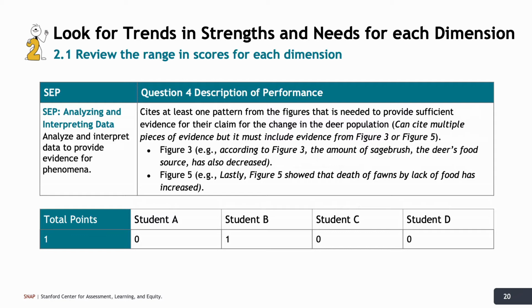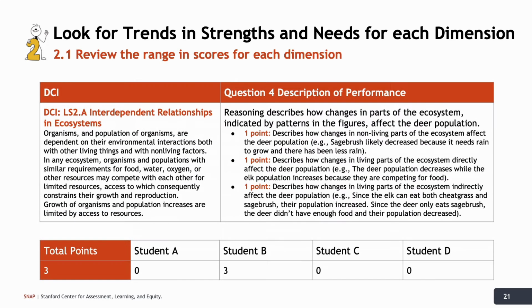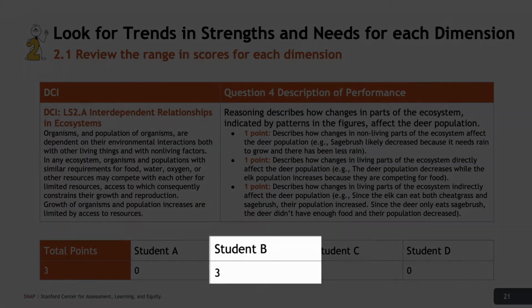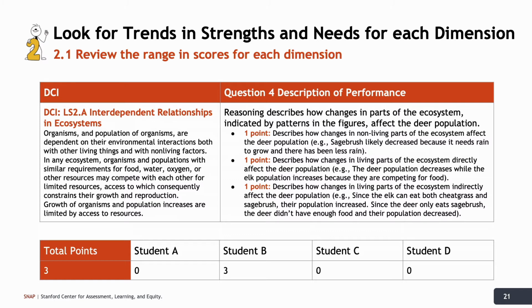Most students are not getting the possible 1 point. And the same can be seen for the disciplinary core idea about interdependent relationships in ecosystems. Students have the potential to earn 3 possible points for this DCI, but only student B is showing complete evidence, and the others are not showing any evidence of this at all in their explanation.